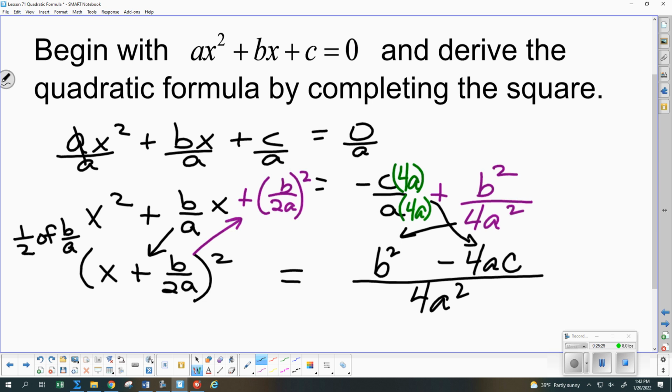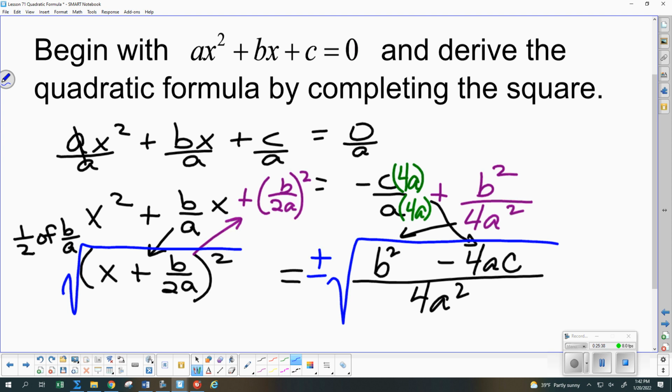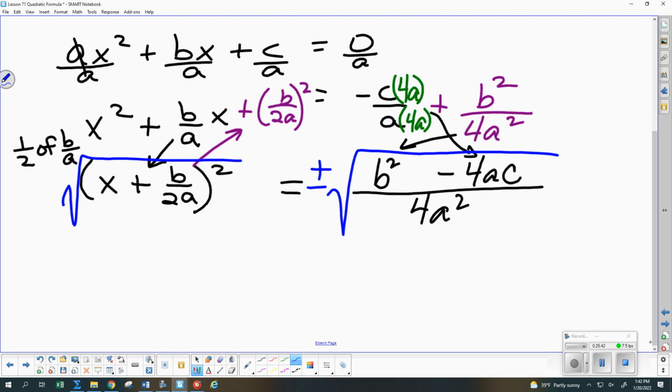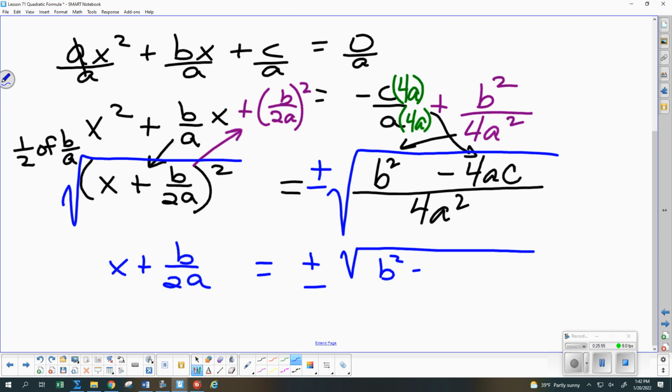Next step is going to be to take the square root of both sides and put our plus and minus sign in front on the right. That means that I have x plus b over 2a equals plus or minus the square root of the numerator over the square root of the denominator.